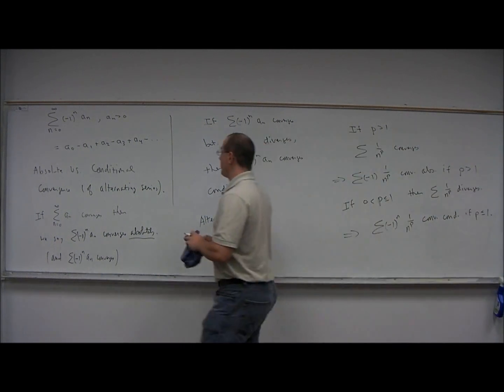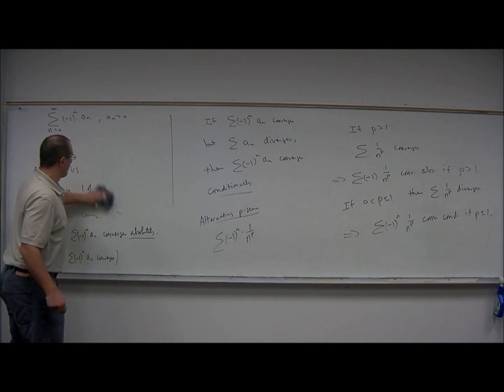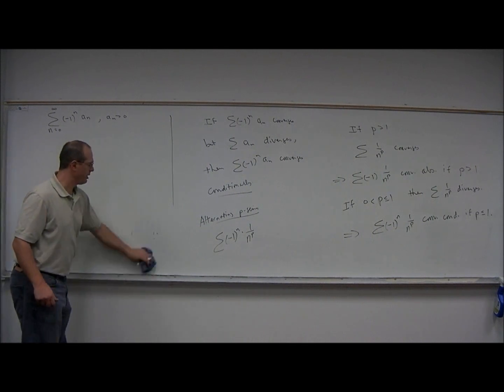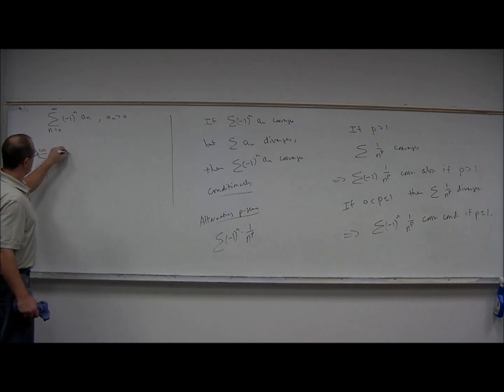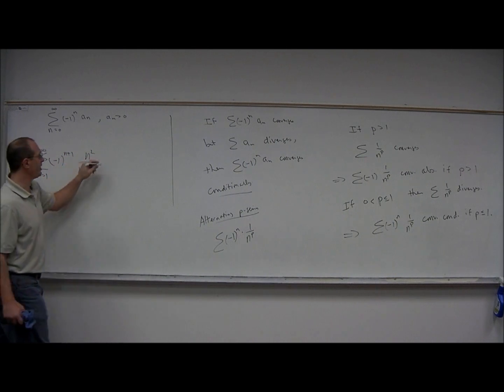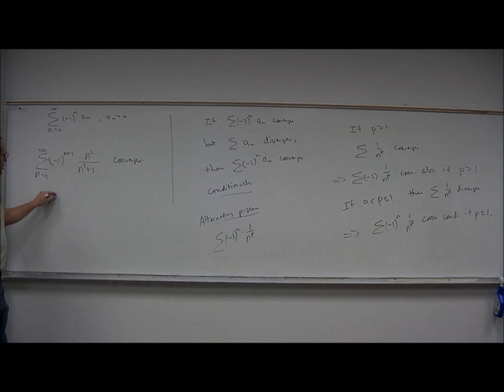As another example of this conditional convergence, let's look at the more complicated example that we had on the board a moment ago, the summation of n squared over n cubed plus 1. A few moments ago we said that this converges. Does it converge conditionally or absolutely?